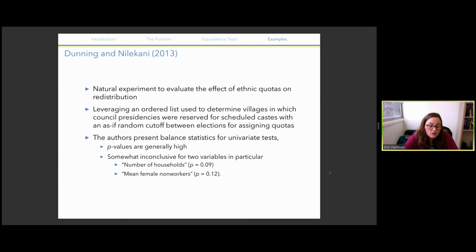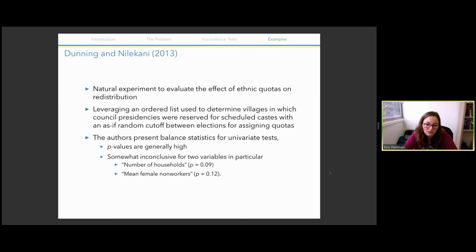In one of those tests, they present a set of balance statistics for univariate tests. They say the p-values are generally high, but there are a couple that are kind of inconclusive. I would say the number of households in a village, a proxy for the size of the village, has a p-value of 0.09. Once again, people usually aren't looking for a p-value of 0.05 on the tested difference.